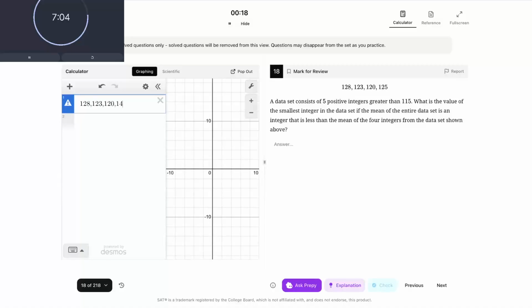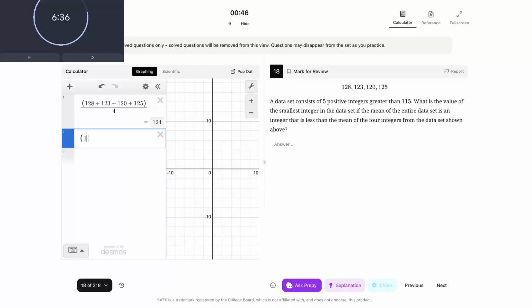So basically it's giving you these three numbers, right? And it wants the mean. Oh, fudge. Okay, sorry guys, let's do this real quick. So it gives you that, right? It consists of five possible integers greater than this. So this gives you 4 right now, and these 5 have to be greater than this and less than this.